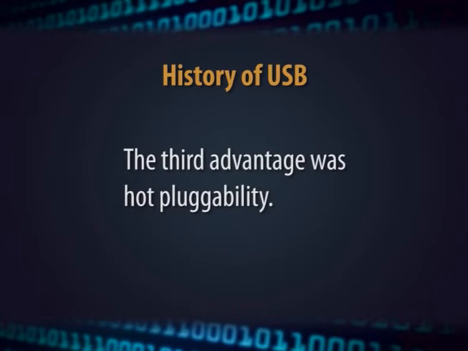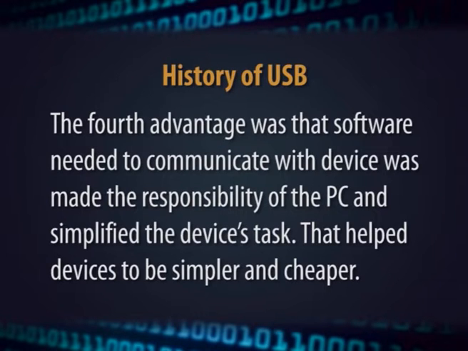The third advantage was hot pluggability. The fourth advantage was that software needed to communicate with device was made the responsibility of the PC and simplified the device's task. That helped devices to be simpler and cheaper. We will discuss these further in later sections.